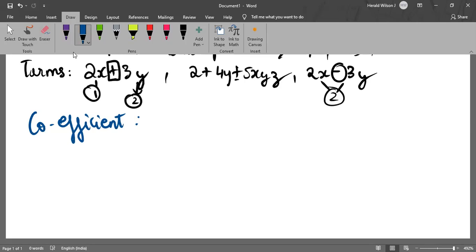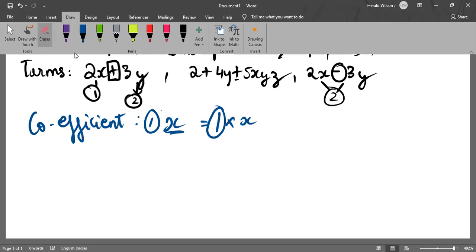Like if I take x itself, a constant or a number, that means it is a number which is used to multiply with this variable. And here already there's an invisible one, we know that, right? So, therefore, what is the coefficient of this x term here? It is 1. Are you understanding my point? Let me just give you another simple example.